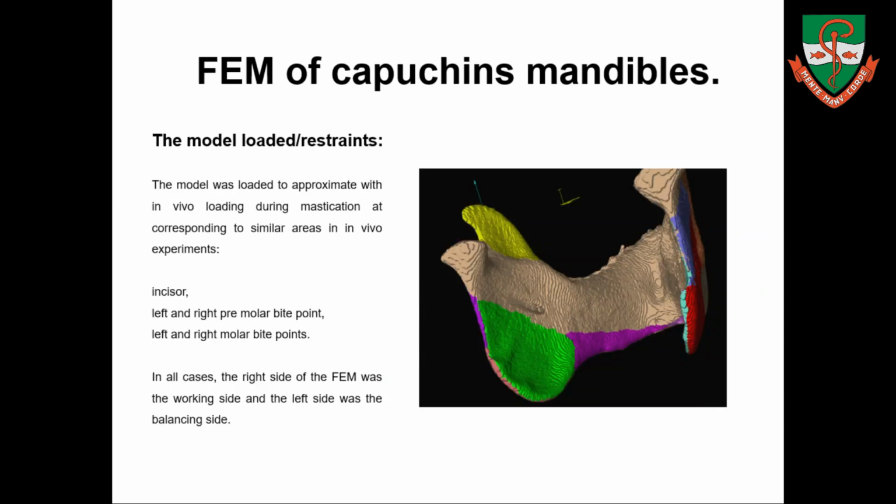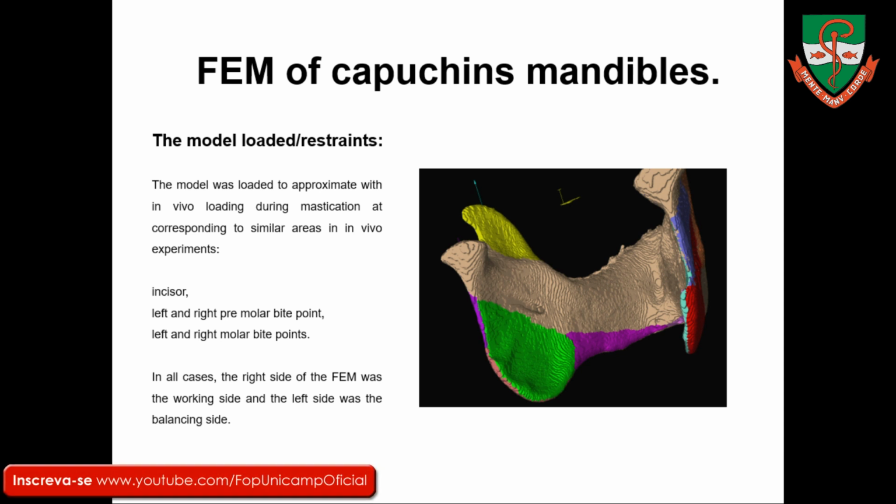Yes, in the model restraints, here we use five different bite positions to restrain the model. We use the incisors, we use left and right premolar bite points, and we use left and right molar bite points.